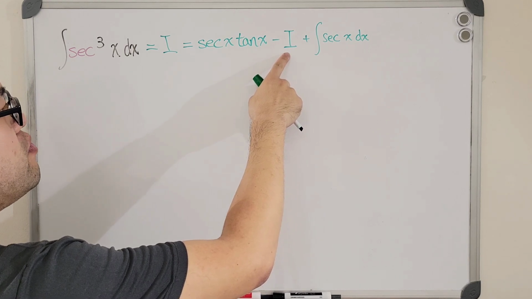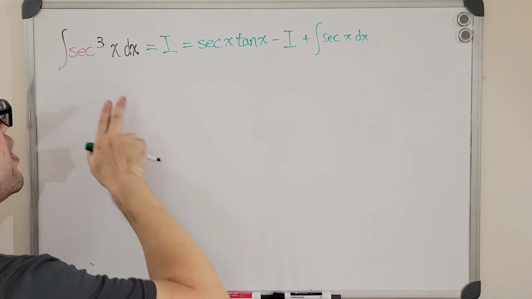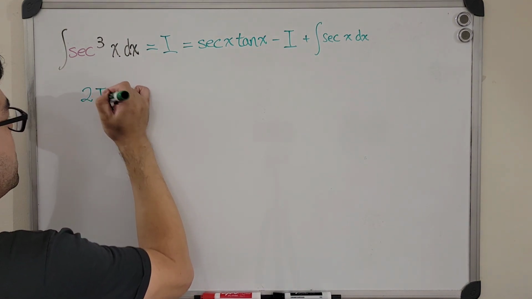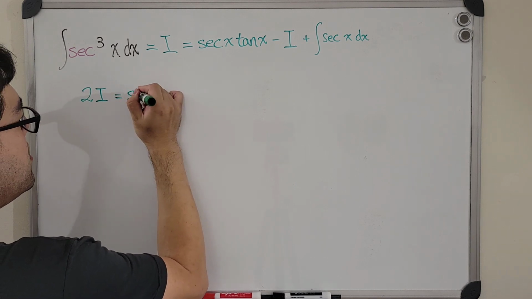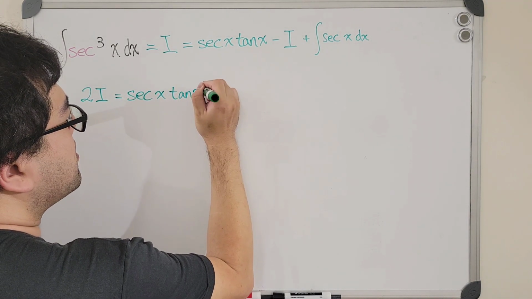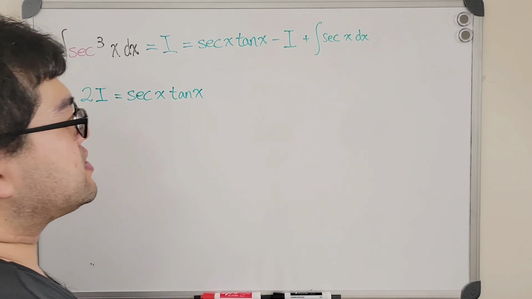We can move the minus I on the right hand side to the left by adding it, such that we get 2I is equal to secant of x times tangent of x plus the integral of secant of x dx.